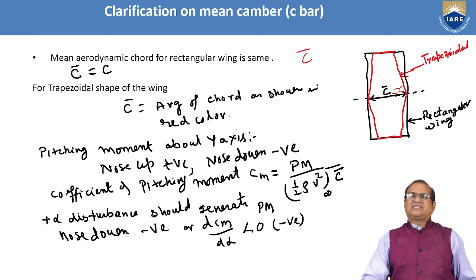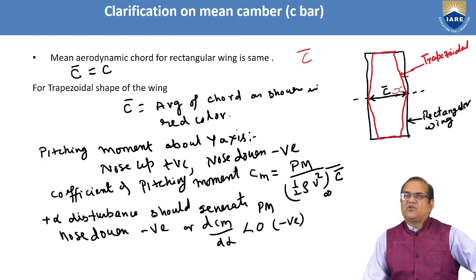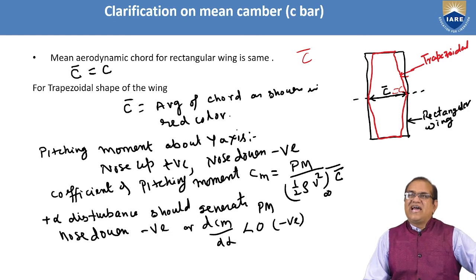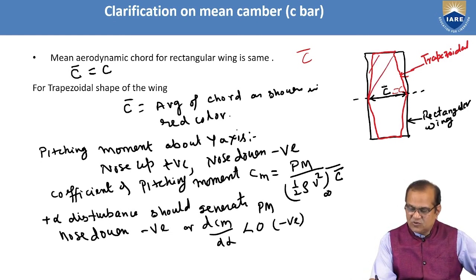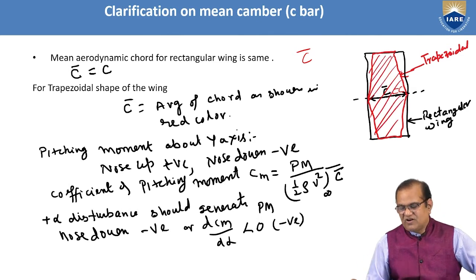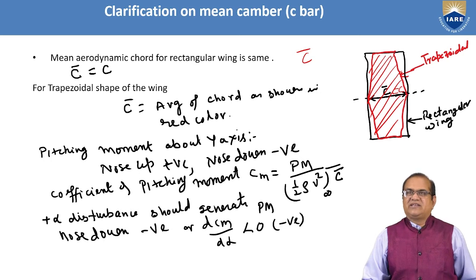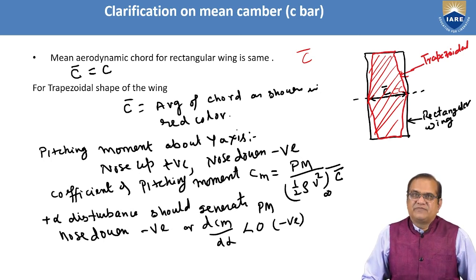For a trapezoidal shape of the wing, C is equal to the average of the chord, as shown in the red color. So this red color is the wing, and we have to take the average of this wing so that we can find out the C bar for the aircraft.